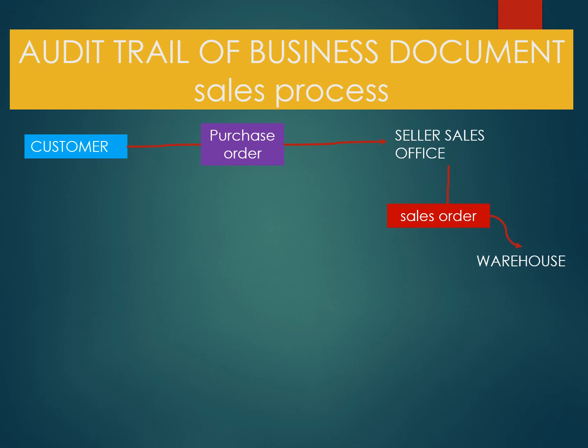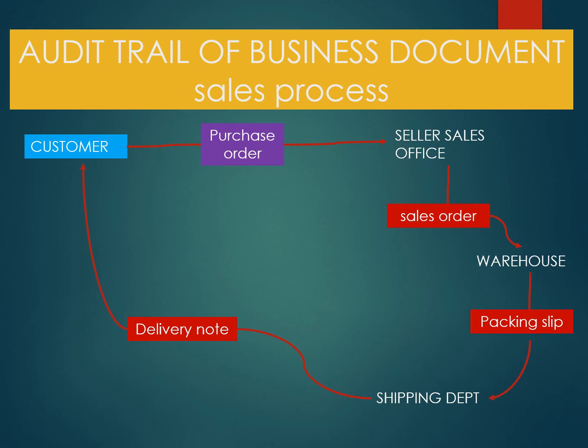The sales order will be given to the warehouse or store department that keeps our inventory, and the warehouse will issue a packing slip along with the item that customer wants to the shipping department. The shipping department will issue a delivery note that will be attached along with the product to be sent to the customer.